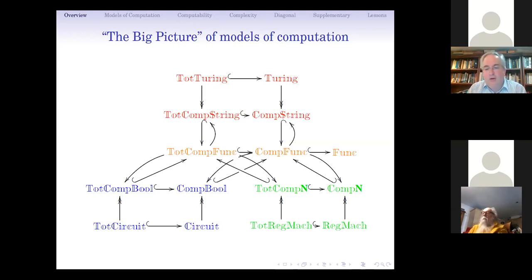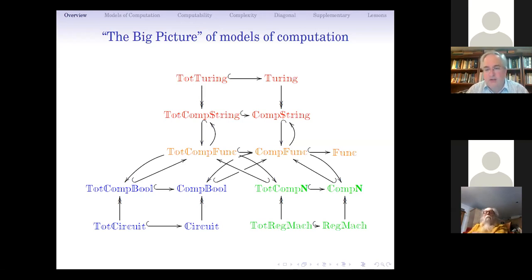All the horizontal lines are inclusion functors, which are essentially bijective on objects. So that's nice. Now most of the functors you see are pointing to that central line. So we're going to explain what that central line is.